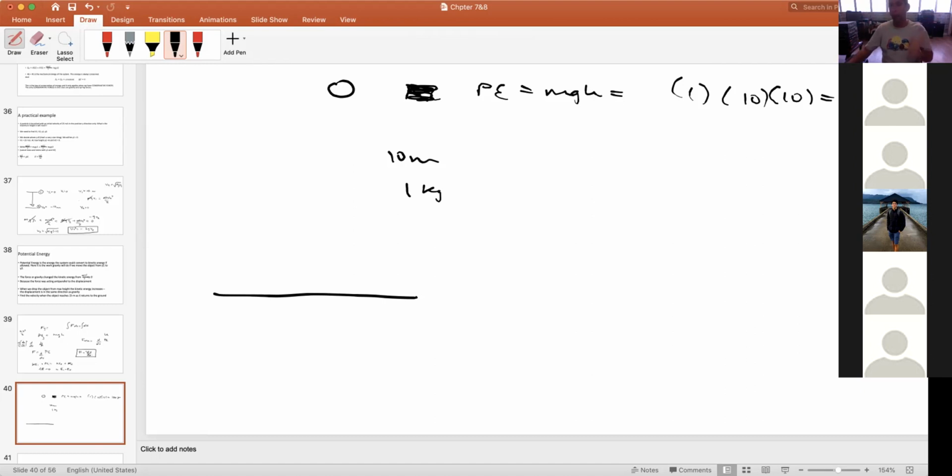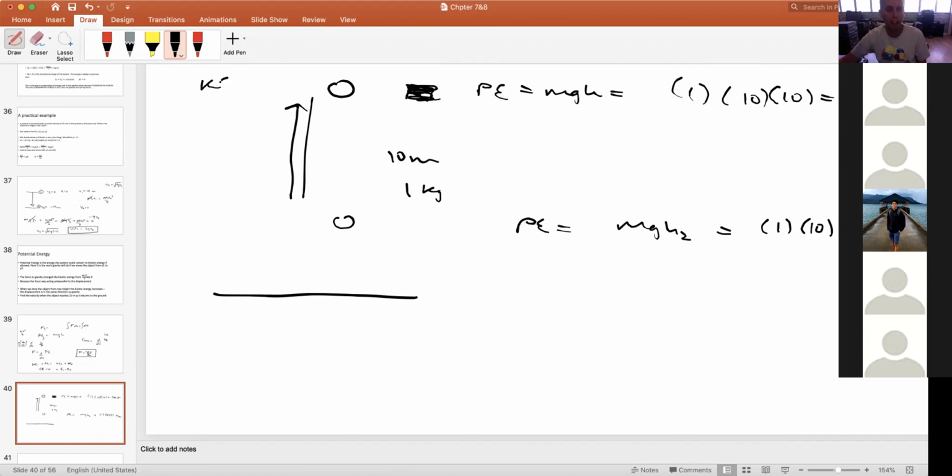The cool thing is that if it were at half that height, then it has mgh, which is 1 times 10 times 5. So it's at 50 joules. And we move it down and then we move it back up. Here it has 0 kinetic energy. We let it fall halfway. Then it now has 50 joules of kinetic energy and 50 joules of potential. Goes back up and you lose all the kinetic energy.